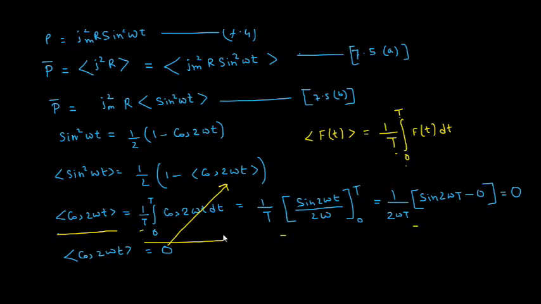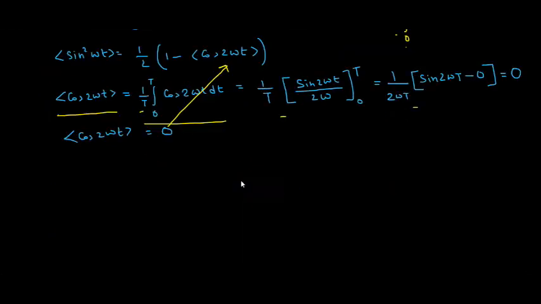Now we have to put the value of mean cos 2 omega t as 0. We will get mean of sine square omega t is equal to half, 1 minus 0.